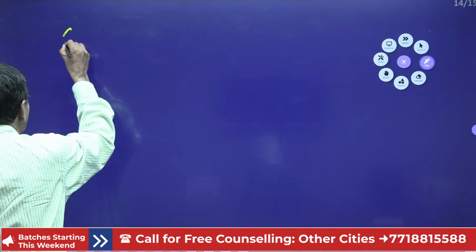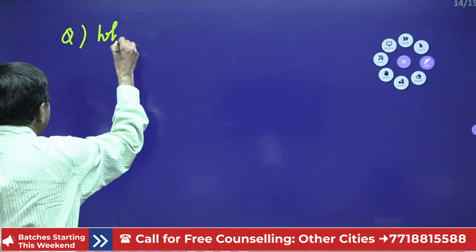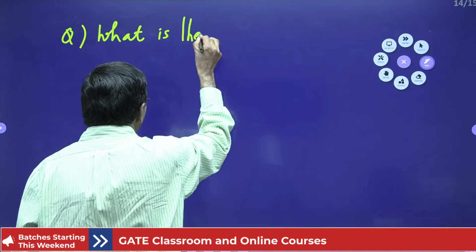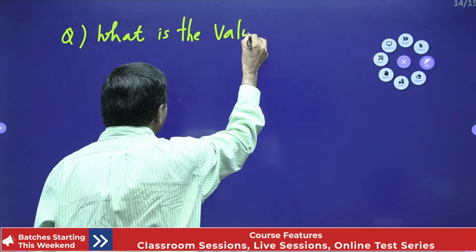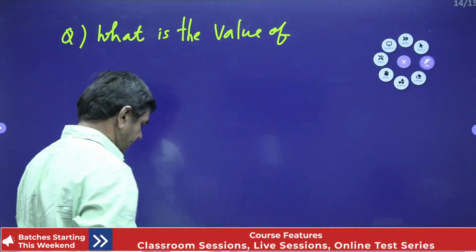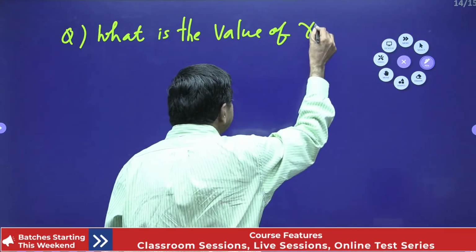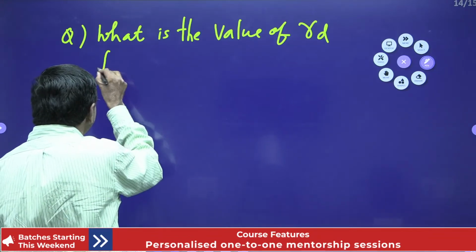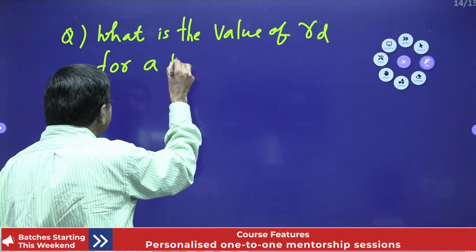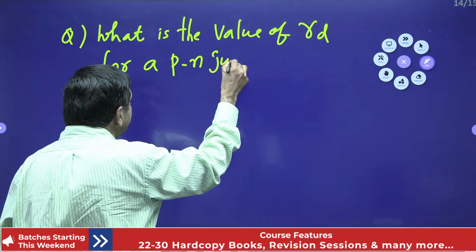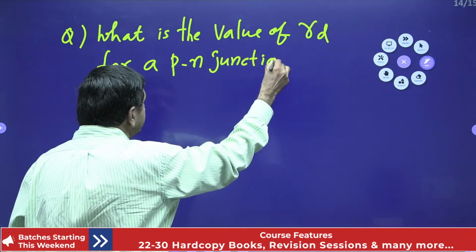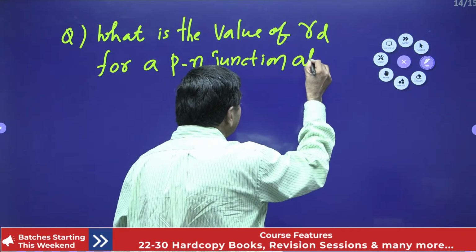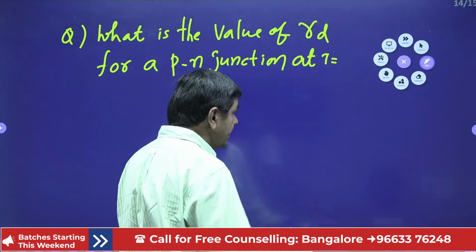What is the value of RD? RD means dynamic resistance, for a PN junction at T equal to 27 degrees centigrade.